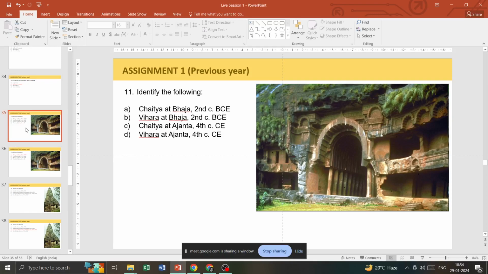So this image has been given, and it is being asked to identify the following image. To be able to answer it, you will have to know what all the mentioned buildings look like. Another thing that I would like to tell you is that whatever buildings and architecture have been mentioned in the NPTEL course, only those, from what I have observed so far, have been included in the questions.